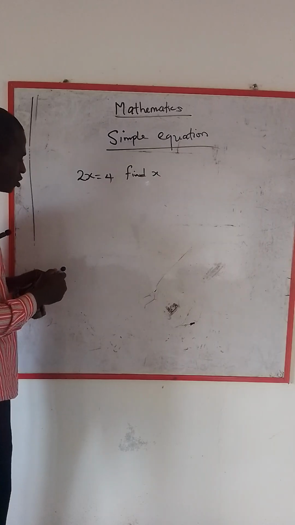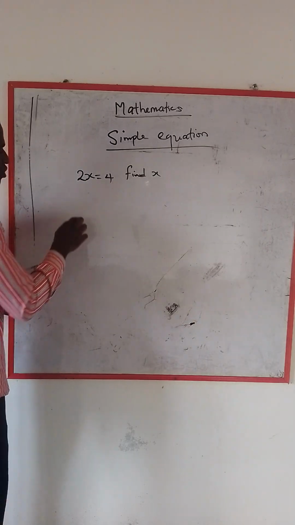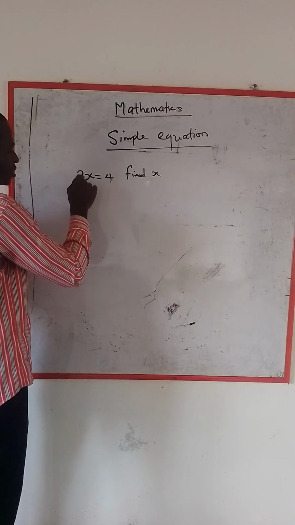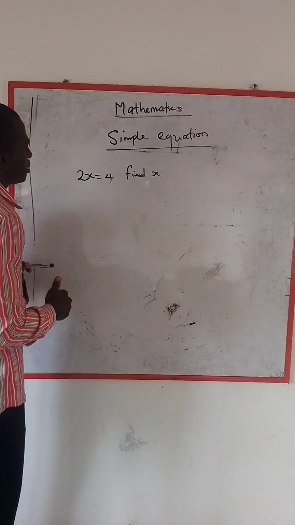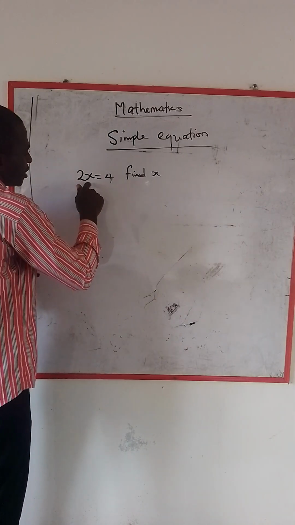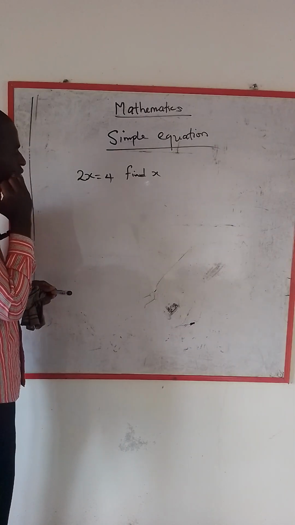It's very simple. You will see that the number that is attached to x here, which is the coefficient, staying side by side with x, is actually what? 2, and it's called the coefficient.